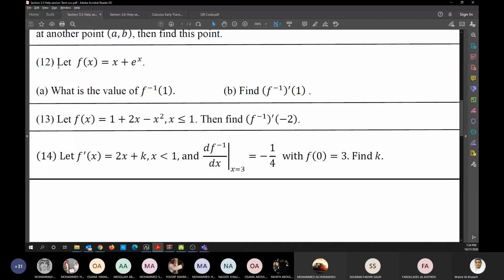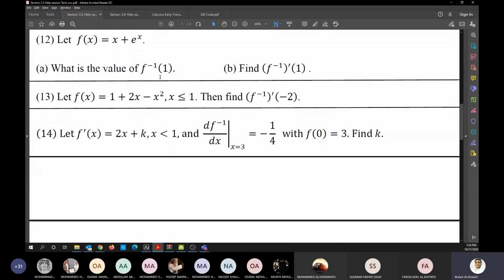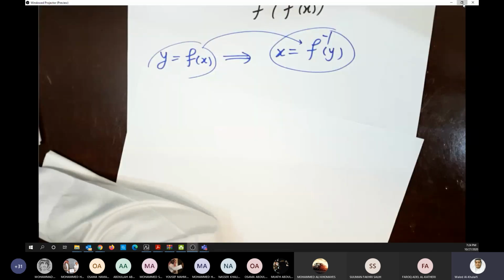Example 12. He said let f of x equal x plus e to the x. What is the value of f inverse of 1, and find f inverse prime of 1?